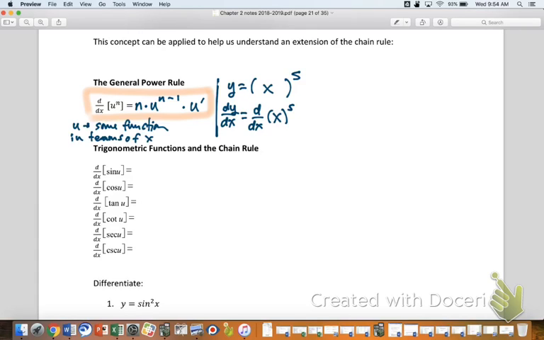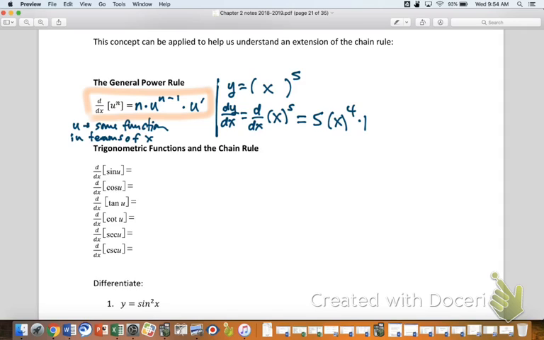So here's what we've been doing this whole time. We've been saying, hey, you know what? This is equal to the power rule. The 5 comes down in front, and we subtract 1 off the old exponent. And now here's the chain rule factor. What is d dx, the derivative with respect to x, of x? 1, times 1.